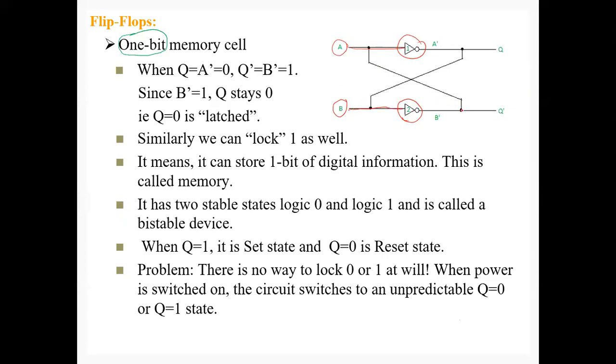Actually, this A is the output of B. This kind of loop is called a feedback loop, by the way. When the output is connected to input, this kind of loop is called a feedback loop. Similarly here also, output is connected to input. So this kind of device with feedback acts as a memory cell.